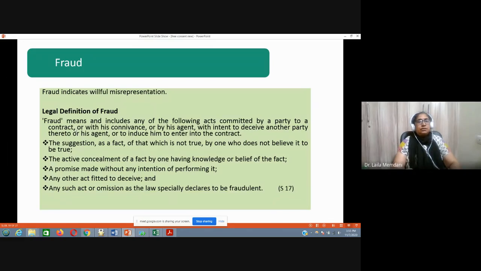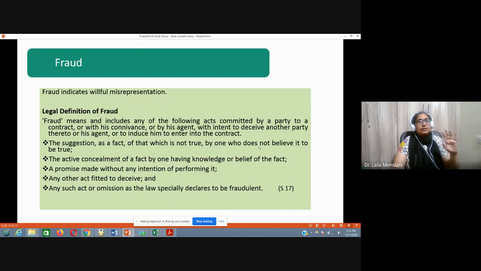According to law, fraud means and includes any of the following activities with the objective to deceive another party or to induce him to enter into a contract. The activities are a suggestion as a fact which is untrue, by a party who knows that it is not true.